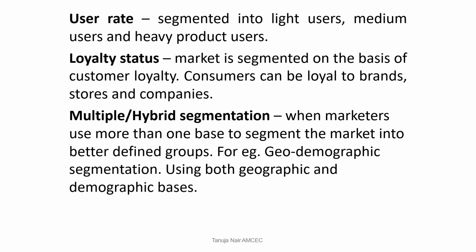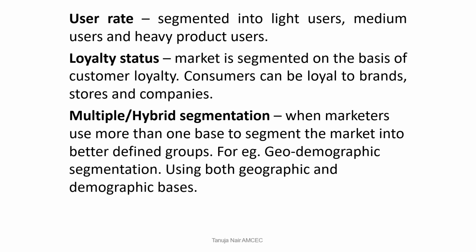Then loyalty status: on the basis of the loyalty customers show towards brands, products, stores or companies, they will try to segment the market. Multiple or hybrid segmentation is where the marketer uses more than one base to segment the market.